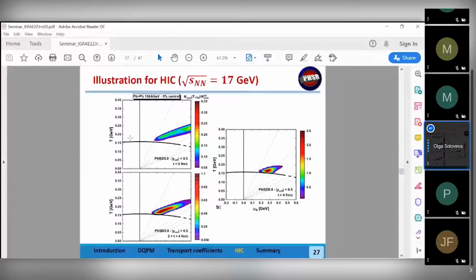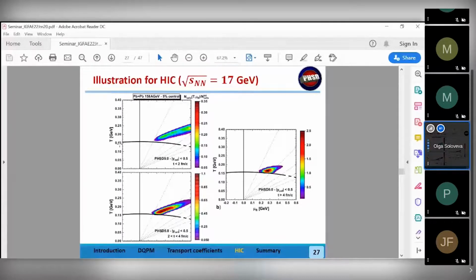On the phase diagram, we are considering here the crossover. Sorry, here is the μB. The maximum value is 0.6, here is 0 μB.